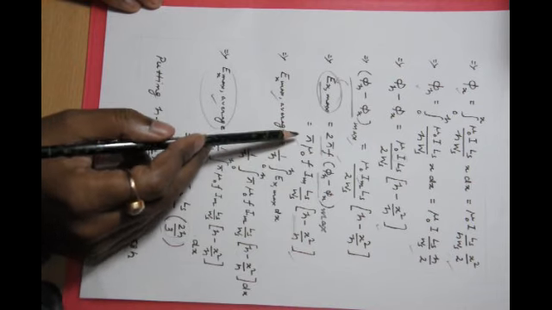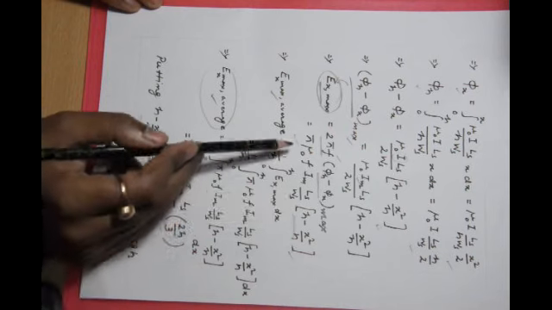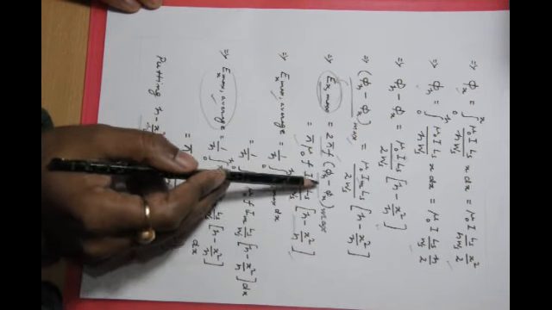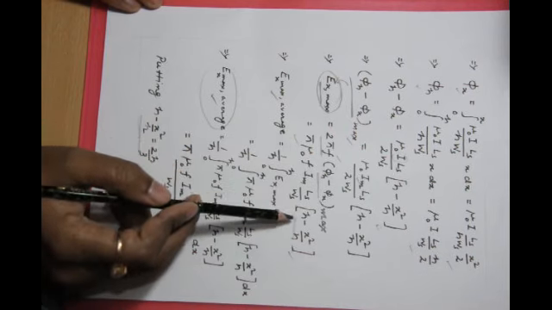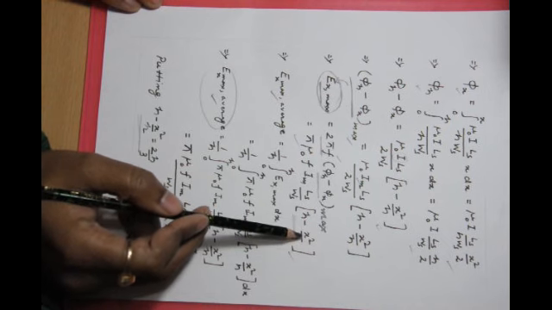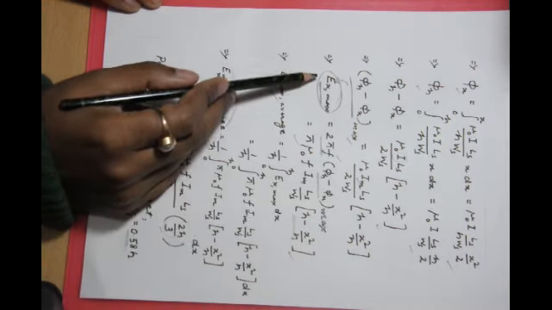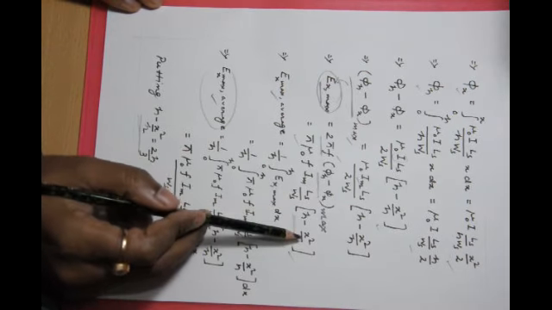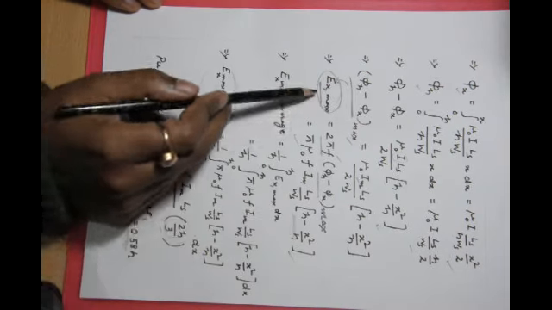And so what you get is this much, 2 pi f phi h minus phi x maximum. You can see here at x equal to 0, Ex max is maximum, and at x equal to h, Ex max is 0.